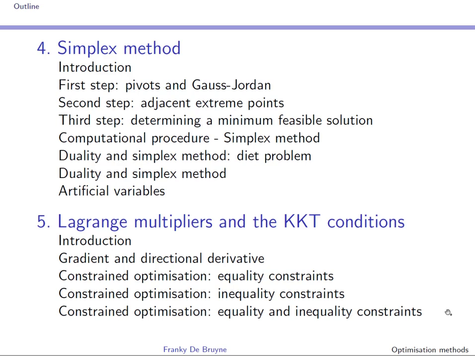Section 5 considers nonlinear objective functions with nonlinear equality and inequality constraints. We will focus on constrained optimization problems with equality constraints, and this leads to the Lagrange multiplier method with an analytic solution, and this method is used in the teaching unit Model Predictive Control.